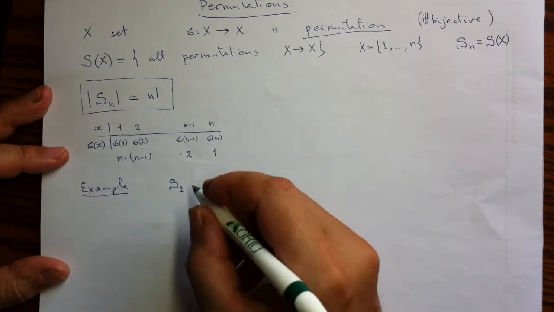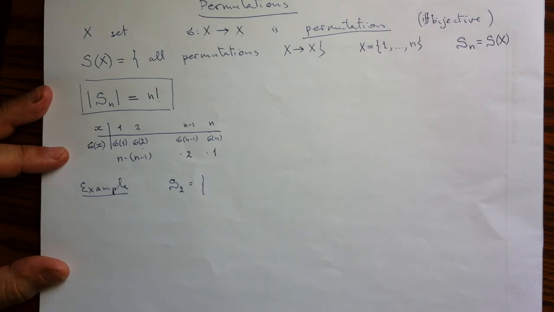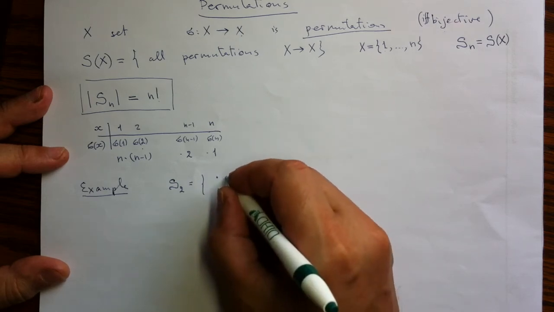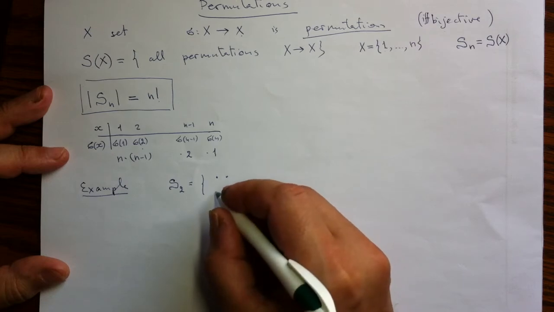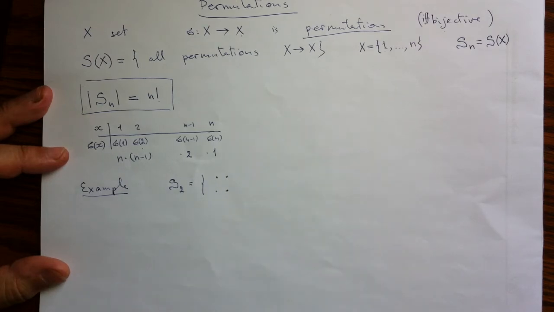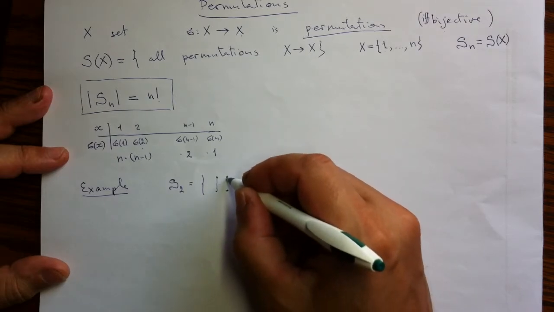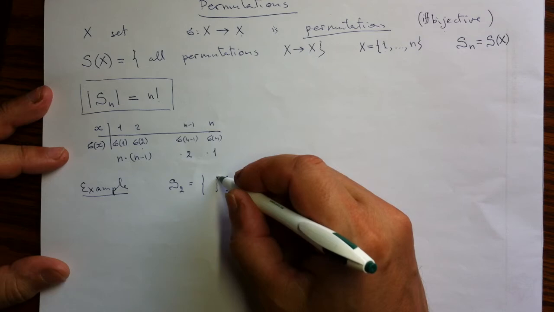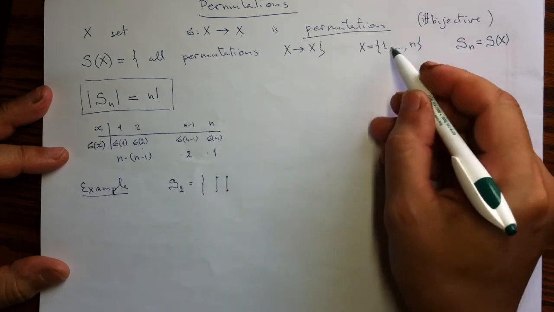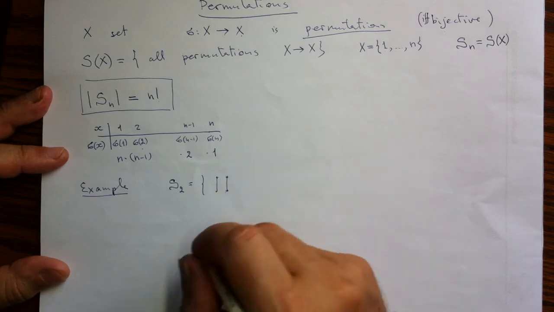Permutations are maps from X to X, so we'll just record them by drawing them. So here is my 2 element set. Upstairs is one copy of X, downstairs is another copy of X. This is my source, this is the target. The picture for the identity map will be just this. So to say, first element 1 in the set X goes to itself, element 2 goes to itself.